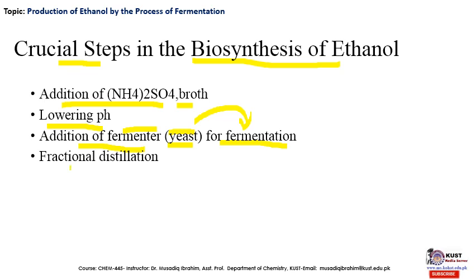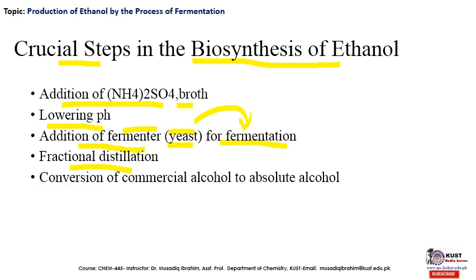Fractional distillation. These are the steps which take place at the end of the run when you are harvesting the product, and fractional distillation is very important for getting the pure form of ethanol. And the conversion of commercial alcohol to absolute alcohol.